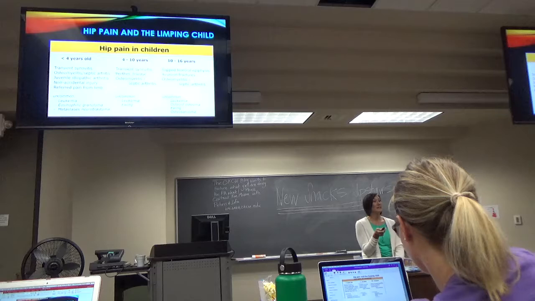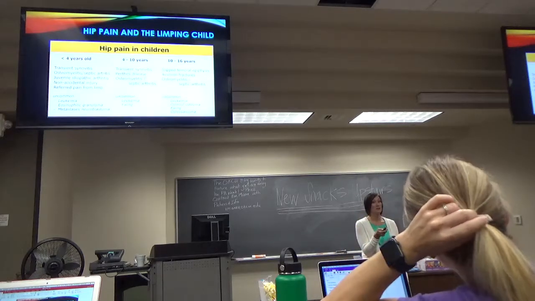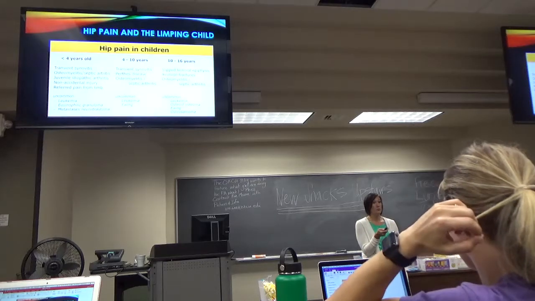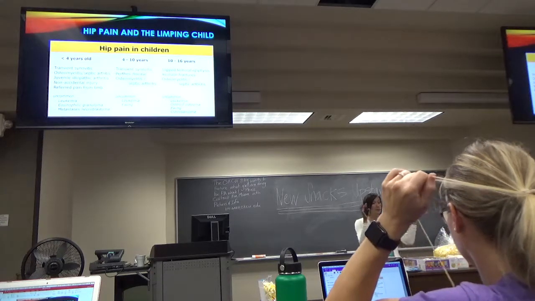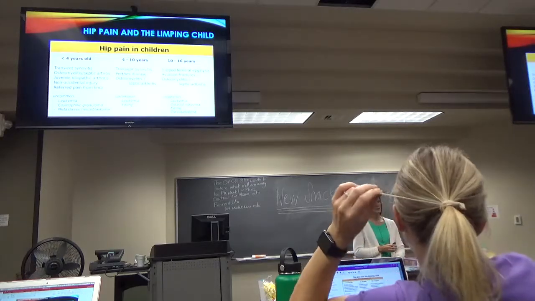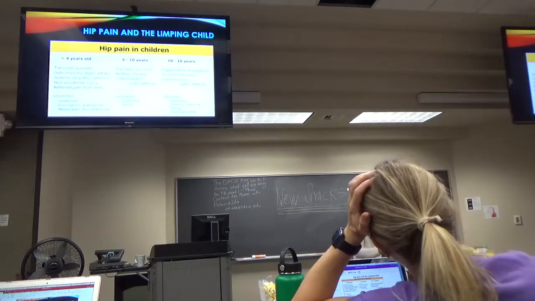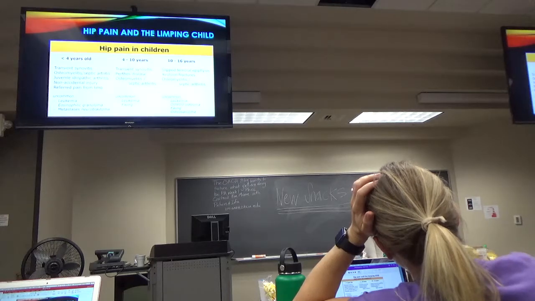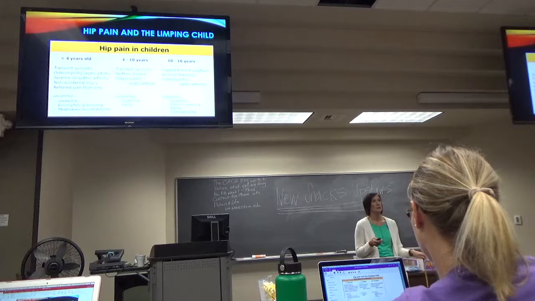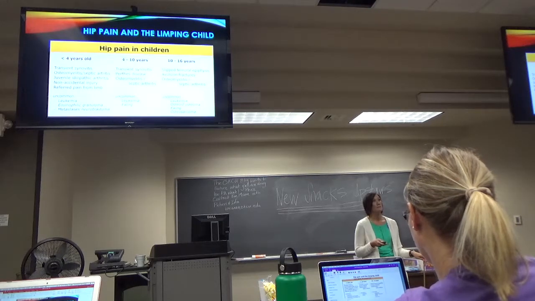So, limping kid, if you think this family looks shady, I don't like the vibe in the room, there's bruises everywhere, a bunch of bruises of different ages all over the body, you need an x-ray of the femur, for sure. Get the whole femur, because they could have a femur fracture from being abused.